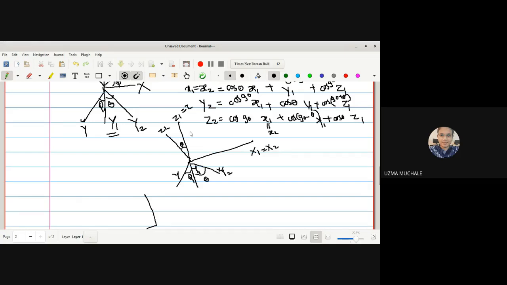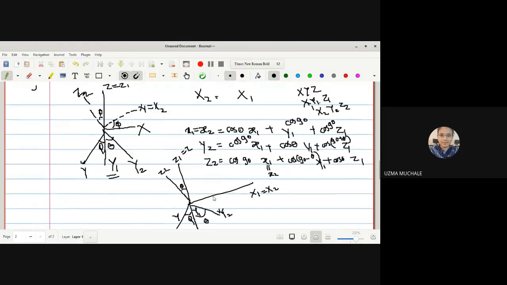Find the angle between y2 and z1: it is 90 plus theta. Let me take what we have done, z2 and y1 now. If it is inside, then we can write it as minus.